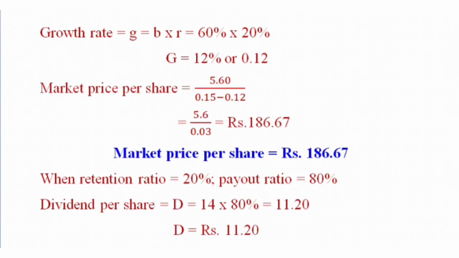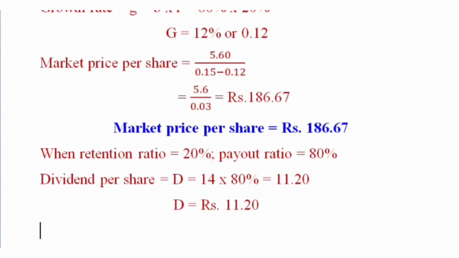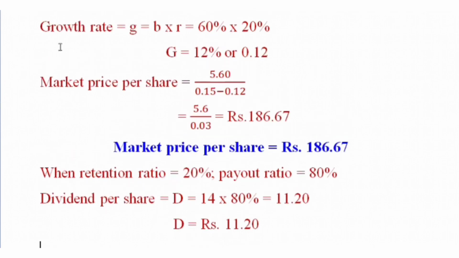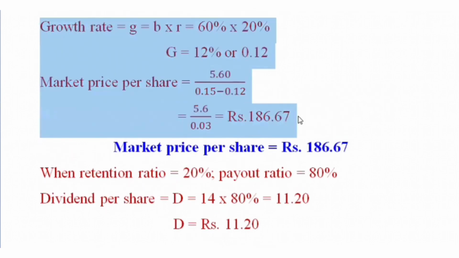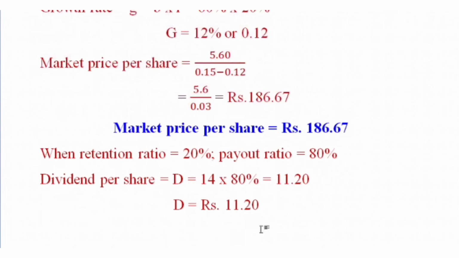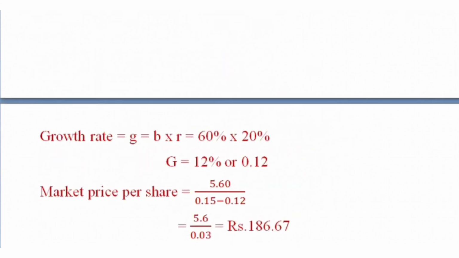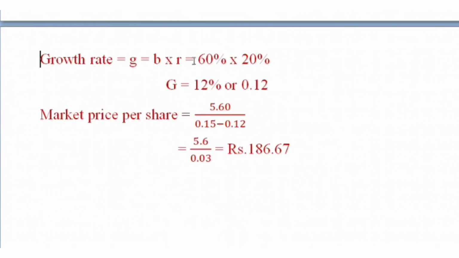Next, we find the growth rate for the retention ratio 20%. Growth rate G equals B into R. Here the retention ratio is 20% and R is also 20%. Therefore the growth rate will be 4%, or 0.04.